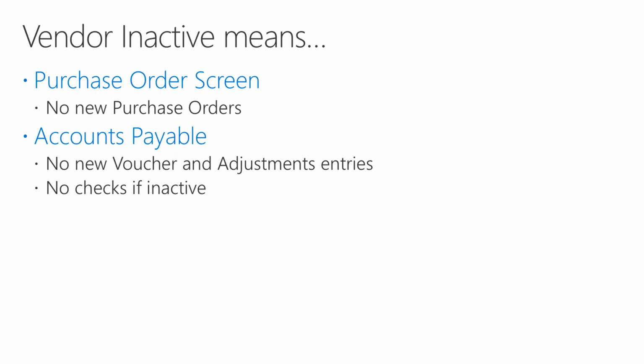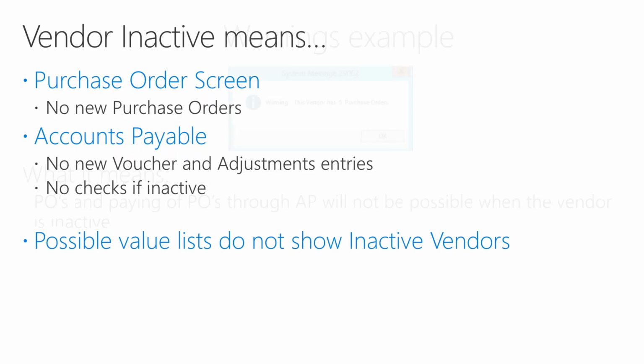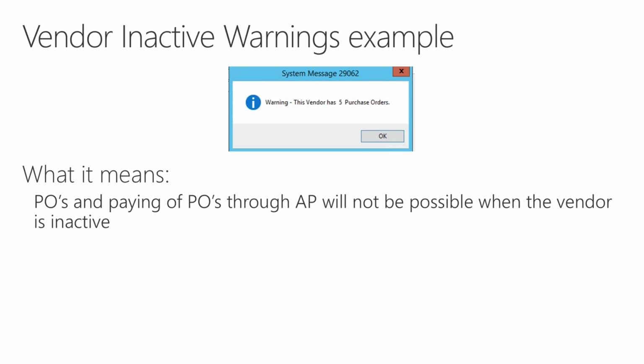Now, it also means more than this. When we go to set them up, we're going to check and make sure some of these things, like vendors that can be set up as default values or vendors who have purchase orders. We're going to warn you before you make that vendor inactive. So if I make that vendor inactive, it's going to say, oh, by the way, I'll let you do it, but there are 5 purchase orders sitting out there with that vendor on them, so you might want to take a look at that.